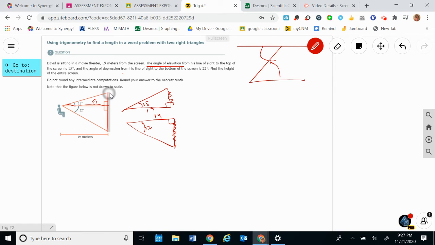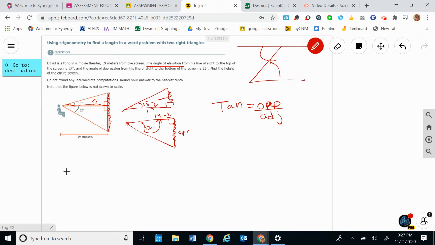So we're going to see what relationship we have. This is adjacent and this is opposite, so we have opposite over adjacent. We're going to use tangent, because tangent is equal to opposite over adjacent.